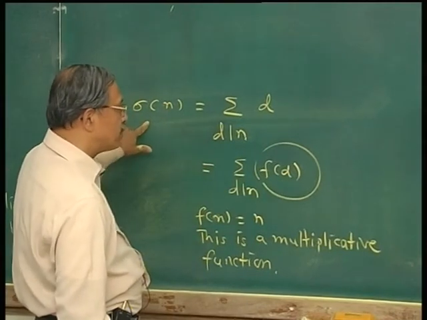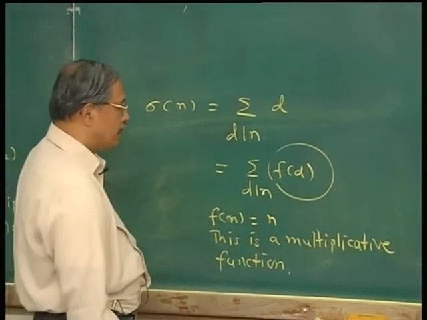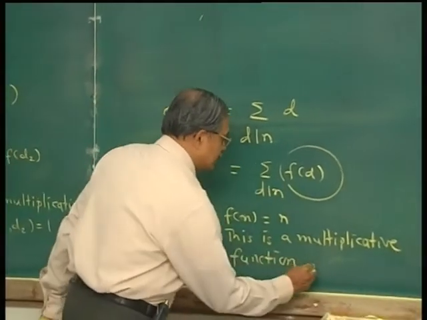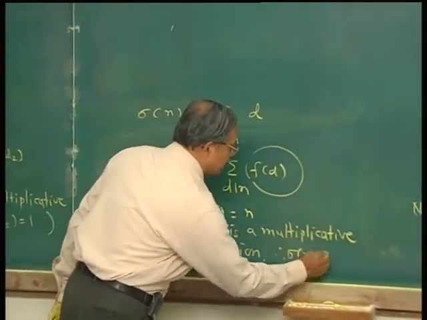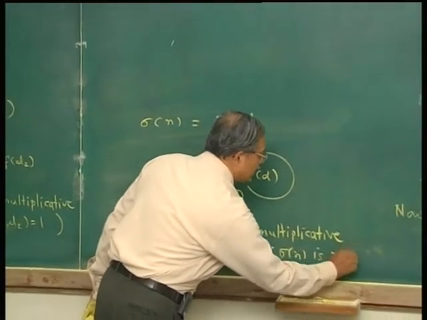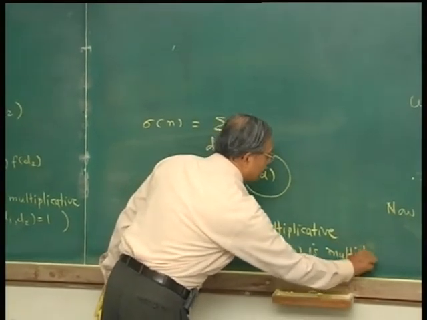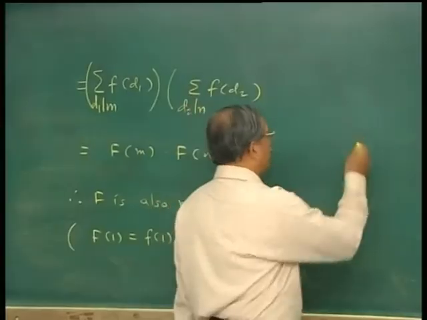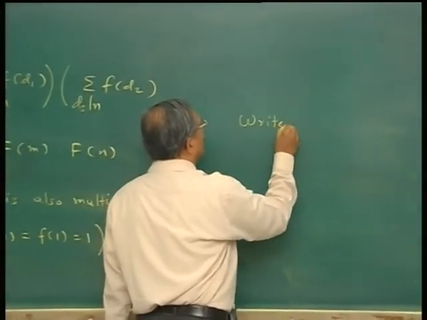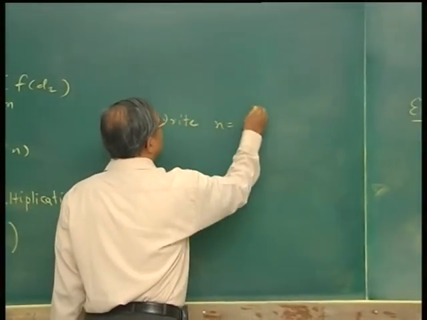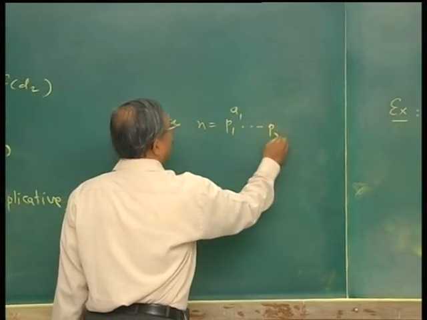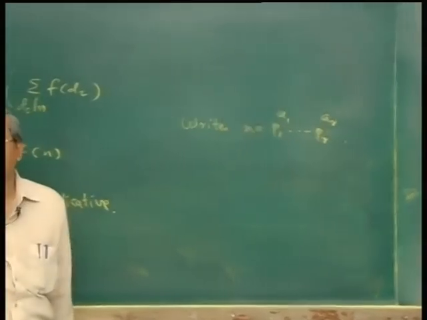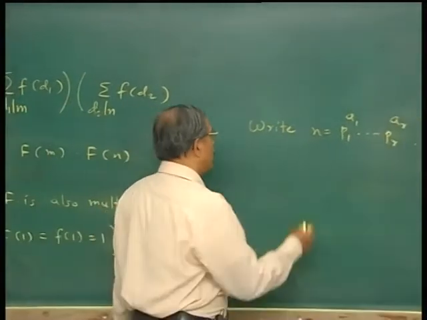So sigma of n is multiplicative, and we can find out sigma like this. Okay, so write n equal to p1 raised to a1 etc. pr raised to ar. This is the canonical factorization of n.